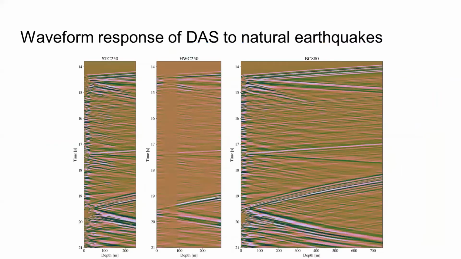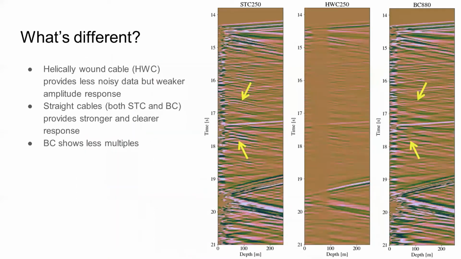Here is the result of the waveform response of these 3 DAS instruments to natural earthquakes. You see the differences among these 3 types of settings. The HVC, or helically wound cable, provides less noisy data but weaker amplitude response.